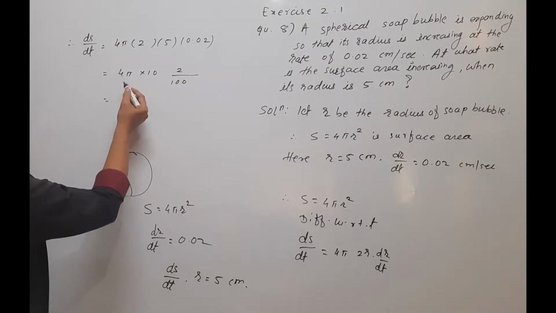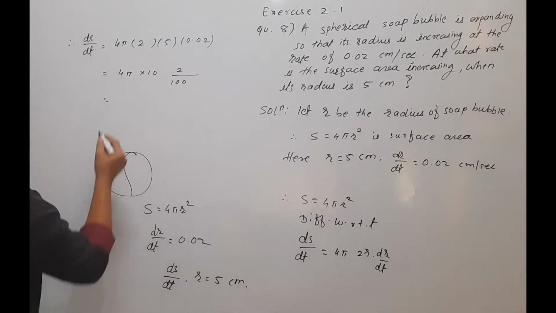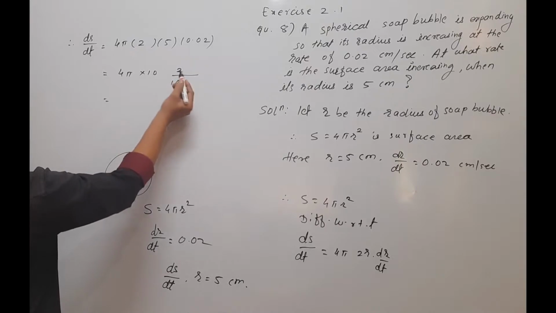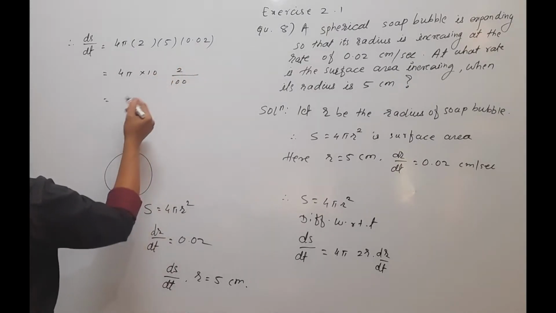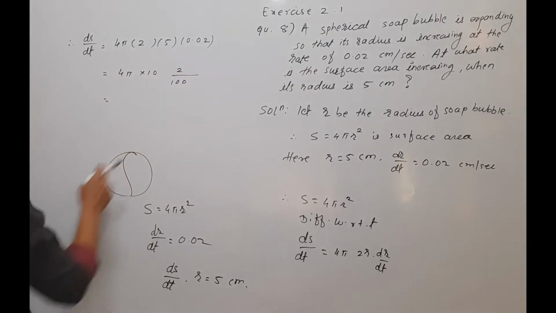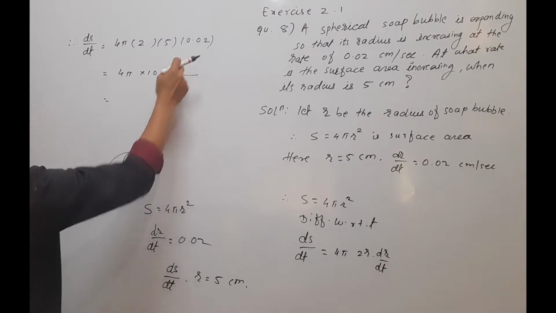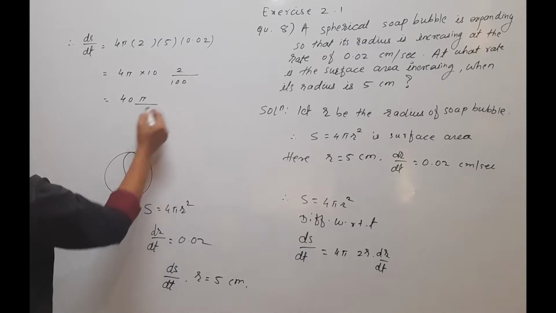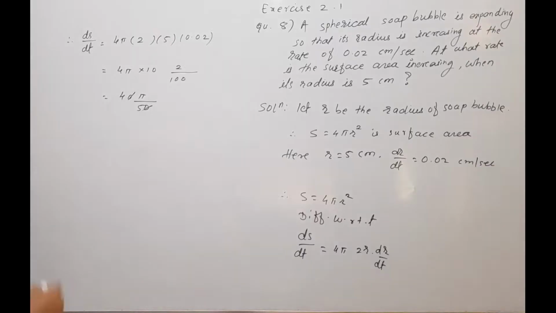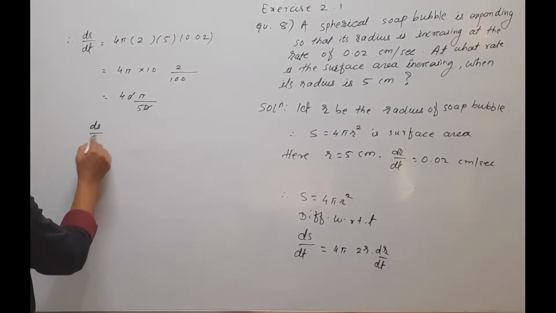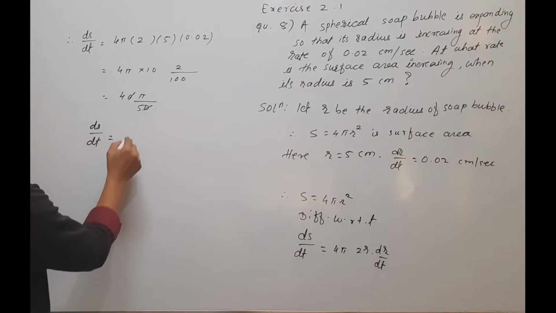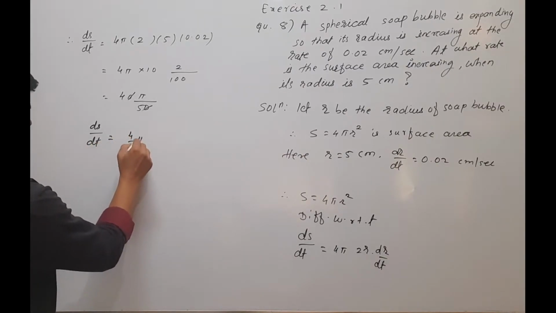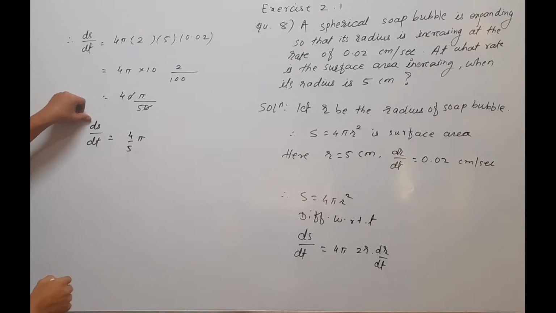So we write this term as 4 pi into 10 into 2, that is 10 into 2 we get 20, or you can directly divide this 100 by 2. So write here 4 into 10 as 40 pi upon 50. So we get ds by dt is equal to 4 by 5 pi in numerator ds.